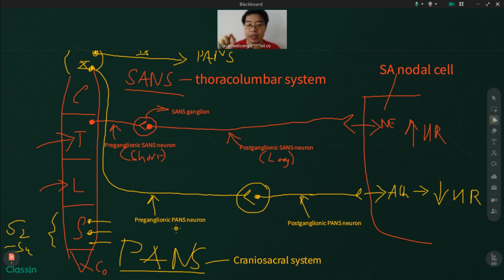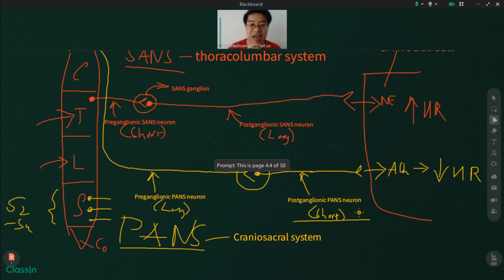While the preganglionic parasympathetic neuron, how is that compared with the postganglionic one? It's longer, right? It's very long, while the postganglionic is very short. Now, when I say the postganglionic parasympathetic neuron is short, it's an understatement. Why? Because sometimes this ganglion is going to be inside the target organ in the parasympathetic nervous system only.